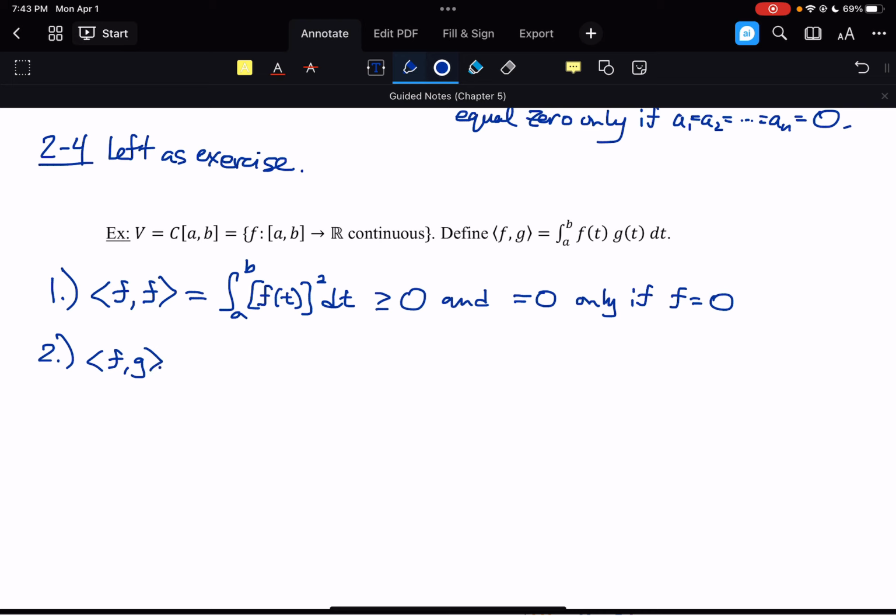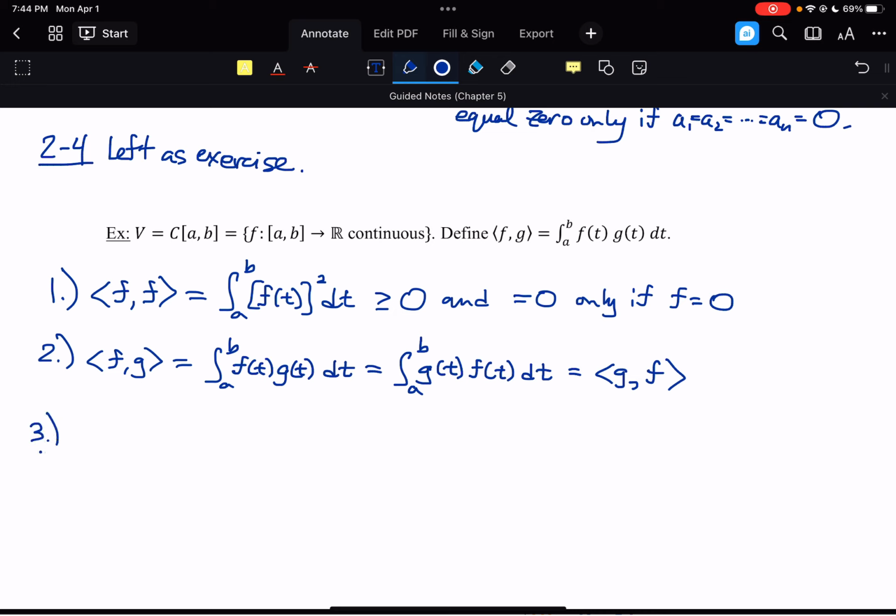If we take the inner product of f with g, that's the integral from a to b of f of t times g of t dt. And the properties of integration and algebra allow us to switch these in order. And this, as written, is the inner product of g with f. So property 2 holds.